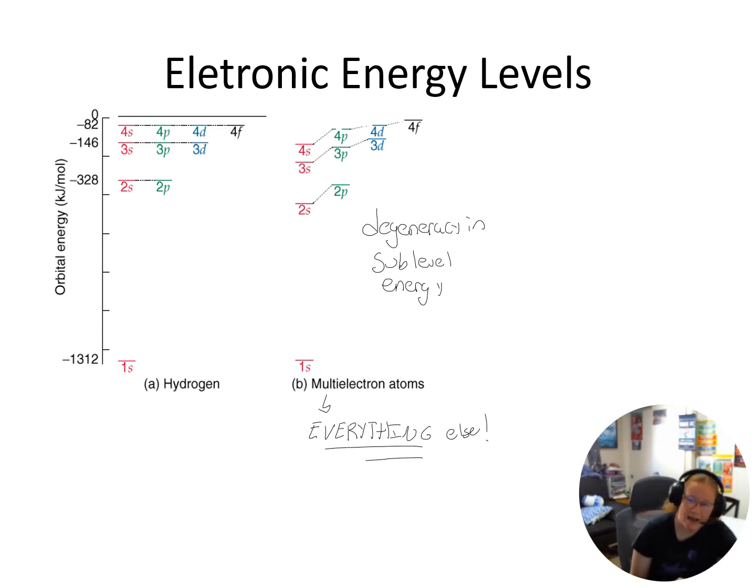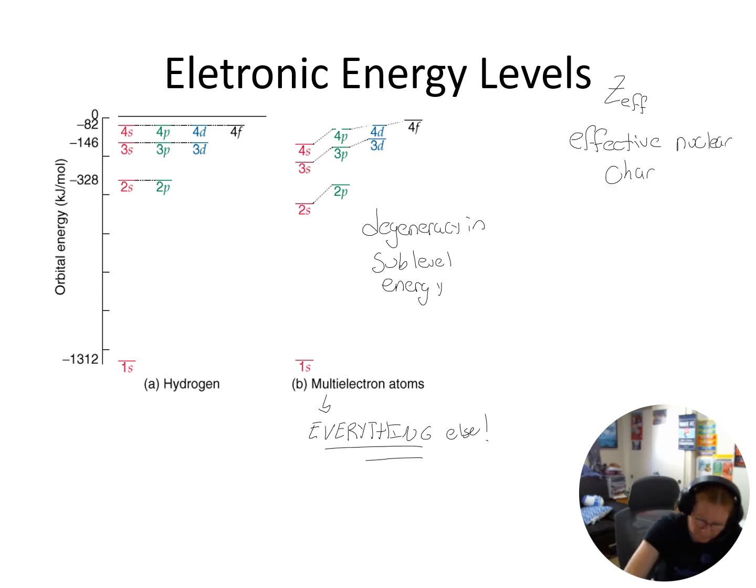As soon as I have more than one electron, my electrons have an effect on each other. Each additional electron is going to change the Z effective, the effective nuclear charge, which is basically the amount of charge any given electron feels coming from the nucleus.